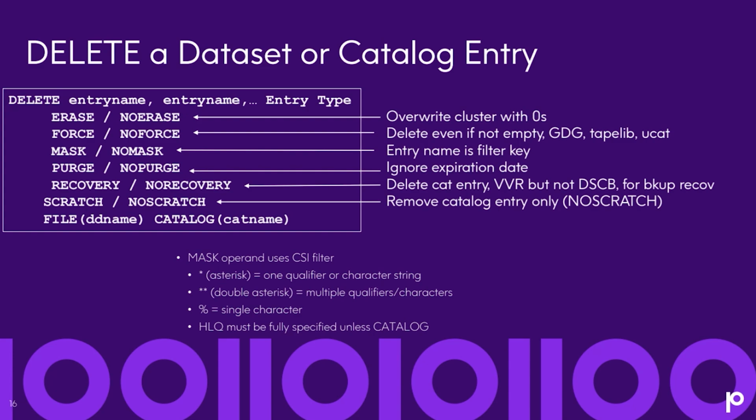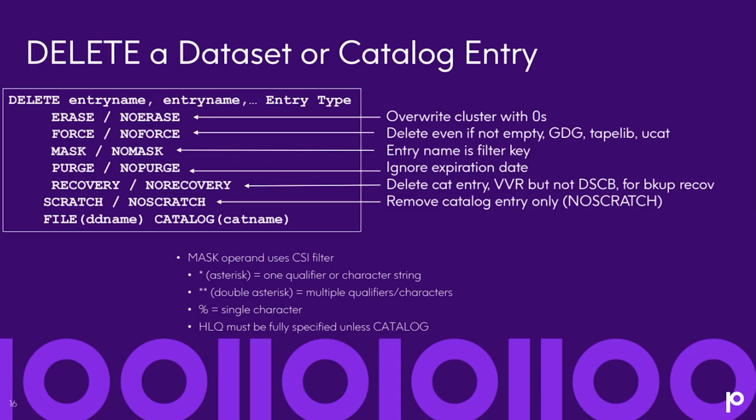If I specify mask, that allows me to use the catalog search interface filter, which is the standard IBM filter that says an asterisk is either a qualifier or some number of characters, or a double asterisk being multiple qualifiers or multiple characters, and a percent being a single qualifier, single character. The only real restriction on the mask operand is the high-level qualifier has to be fully specified.